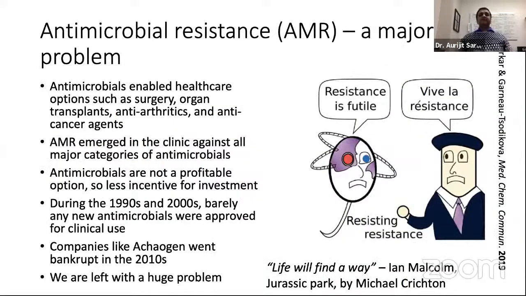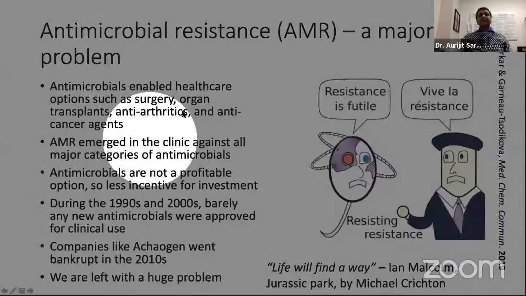Right. So let's begin by discussing antimicrobial resistance, which today is a major problem. If you look at healthcare historically, what you will find is that when we discovered the first antimicrobials in the early 20th century, this discovery enabled us to really advance our healthcare quite a bit.